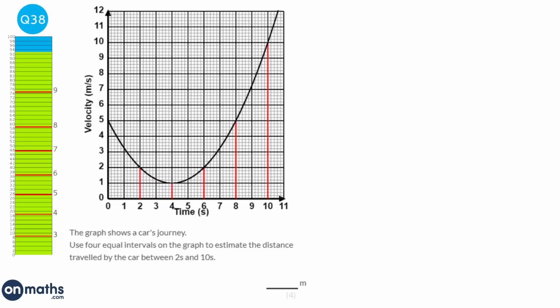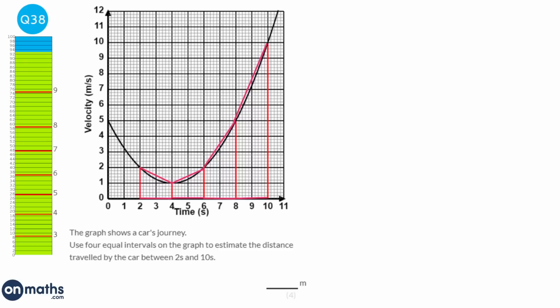Now for the trapezium rule, what we do is we draw these lines up and we draw little trapeziums, like so, all the way up it, and in regular intervals. So here you can see the interval is every 2 seconds, and we draw these little trapeziums.